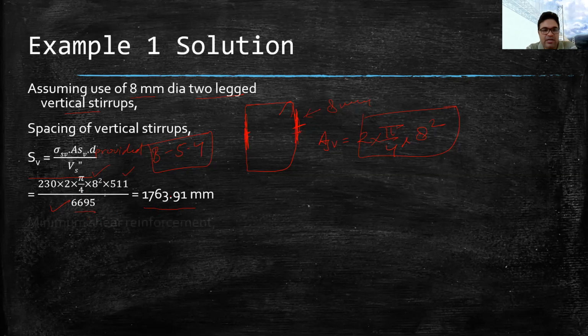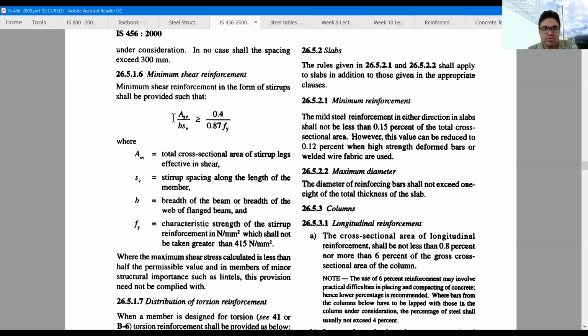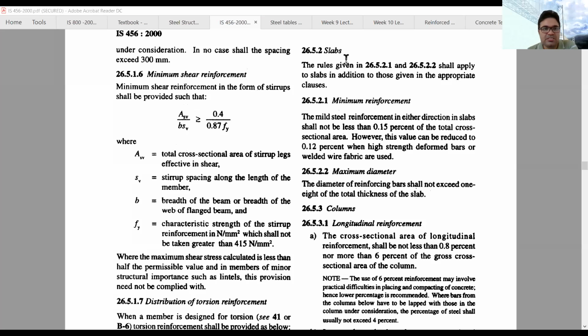Similarly, we will find out minimum shear reinforcement spacing. Again, I will show you that in the IS code also. So this is the formula to calculate spacing from this criteria. We will find out spacing of the stirrups from this formula, which is for the minimum shear reinforcement. Here you can see SV is also present in this formula.